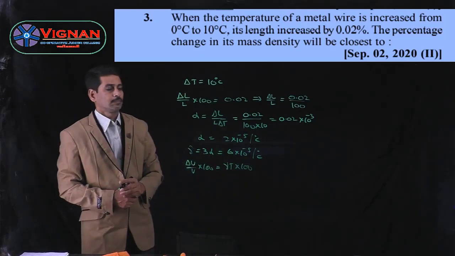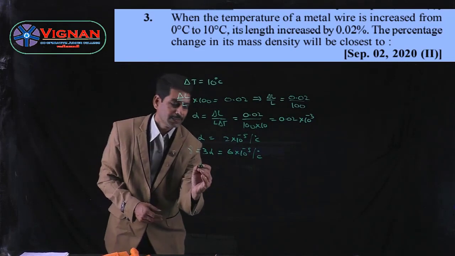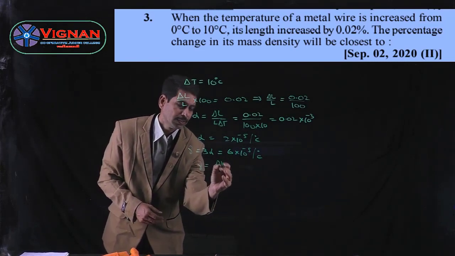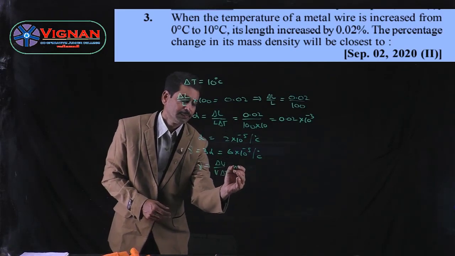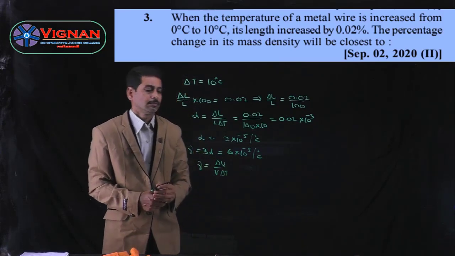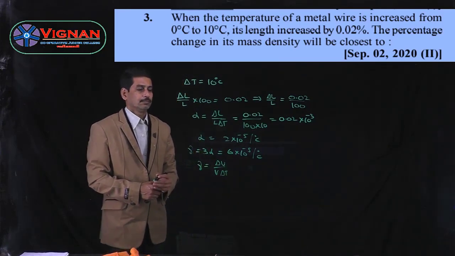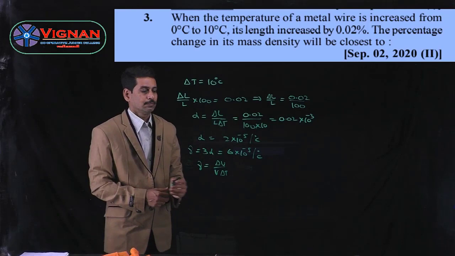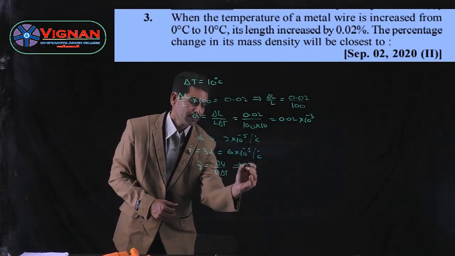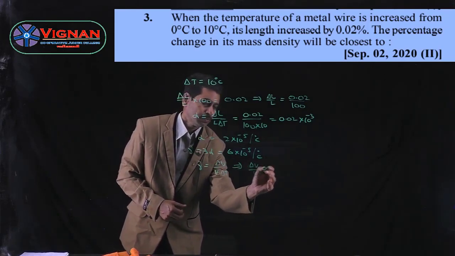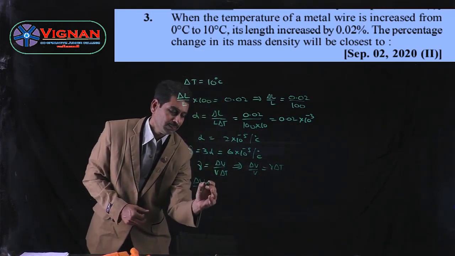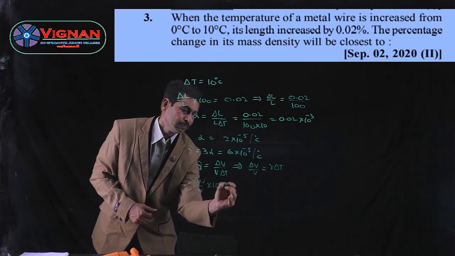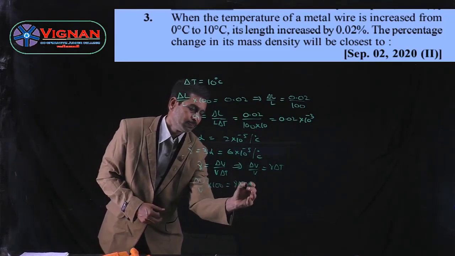We know the definition of gamma is gamma is equal to delta V by V into delta T. So from this delta V by V is equal to gamma delta T, and delta V by V into 100 is equal to gamma delta T into 100.